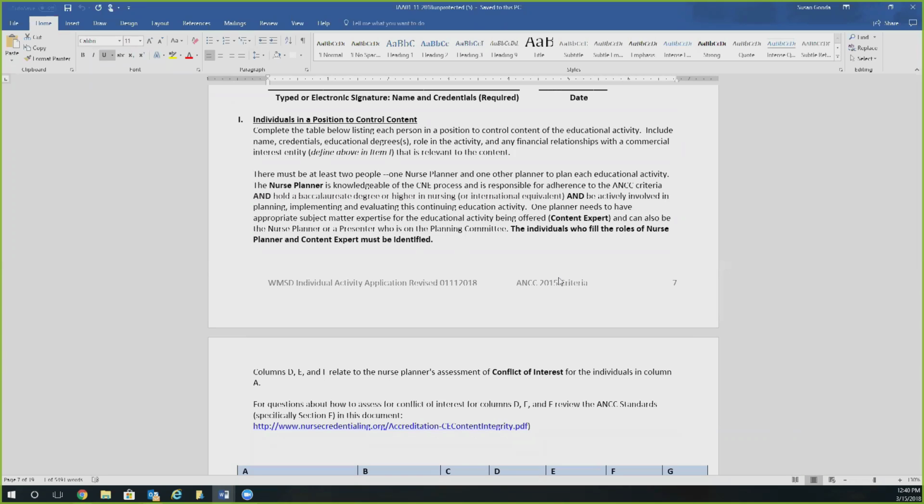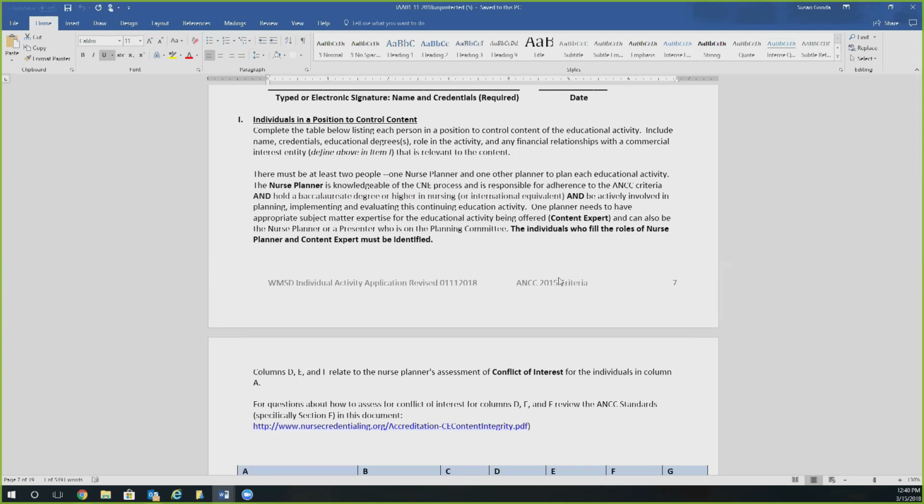As long as the topic does not relate to any products or services of a commercial entity, you do not need to submit to us any COI forms. But it's up to the nurse planner to analyze if there are any products or services or commercial interest entities participating in the planning or presentation of the topic.